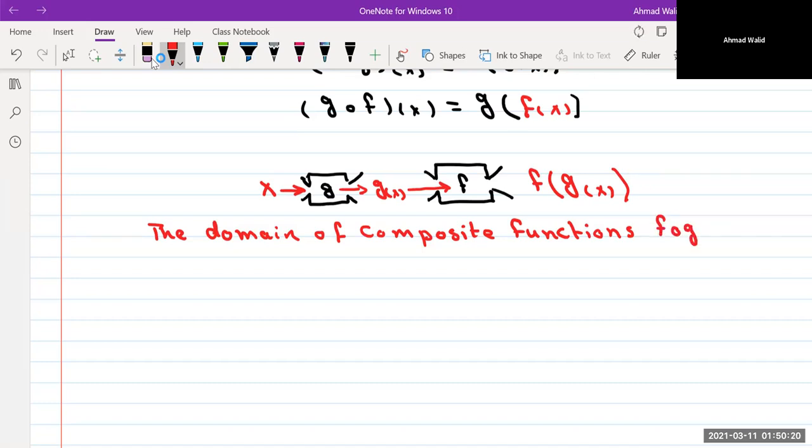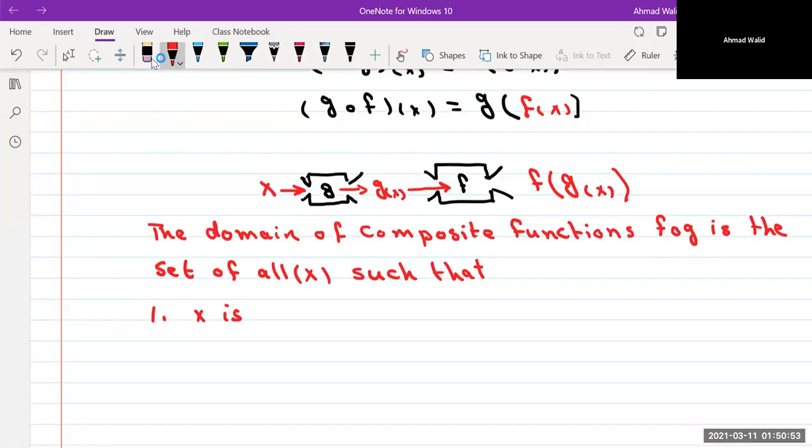It is the set of all x such that, number one, x is in the domain of g, and number two, g of x is in the domain of f.